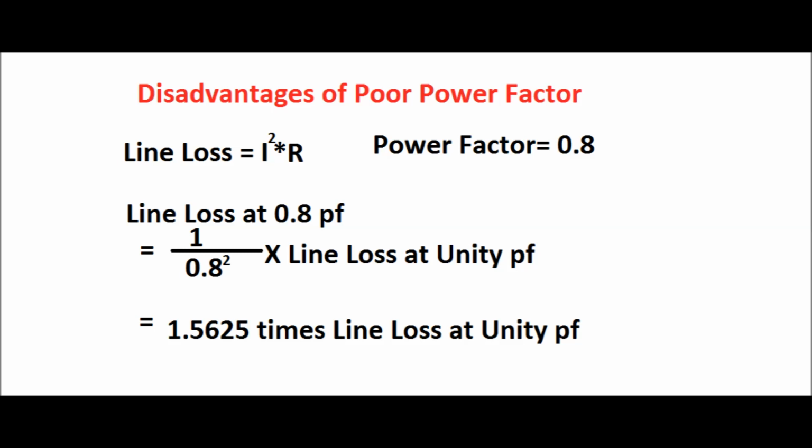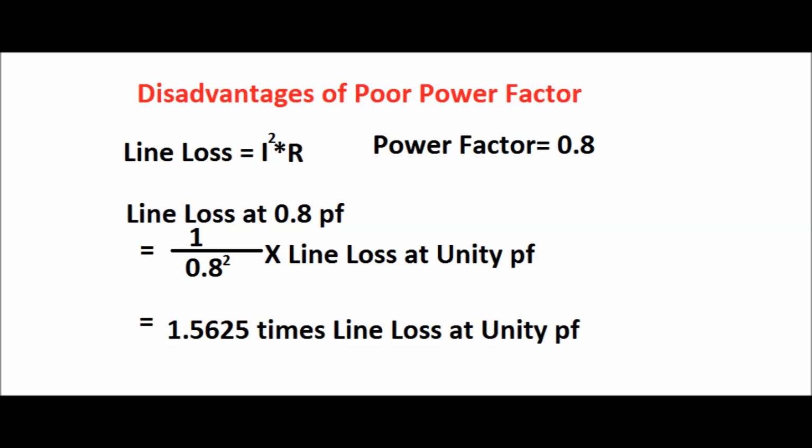Now line loss is equal to I square R, where I is the line current and R is the resistance of the line. So line loss is directly proportional to the square of the line current, and line current is inversely proportional to the power factor. So we can conclude that line loss is inversely proportional to the square of the power factor.